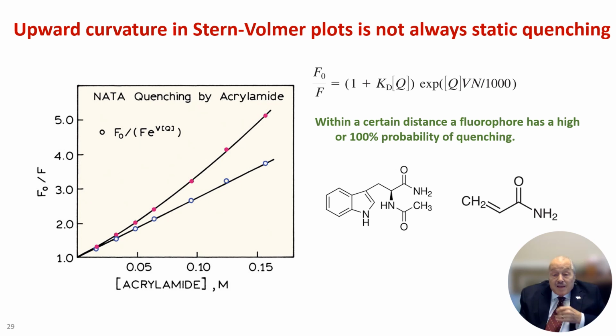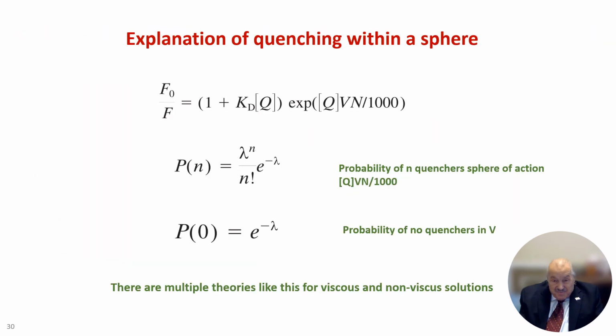So we've done that for tryptophan and acrylamide, and there's a derivation to this. It's a little hard to understand, but I'll just try to do this quickly to let you know it's not something we just made up.